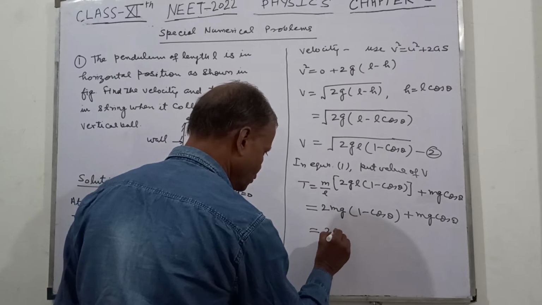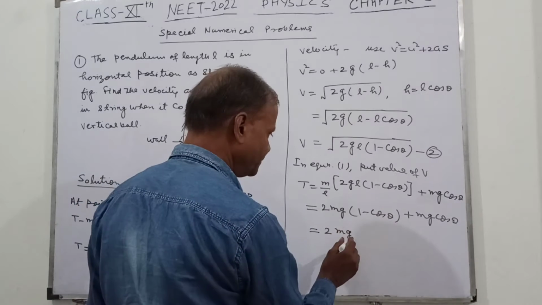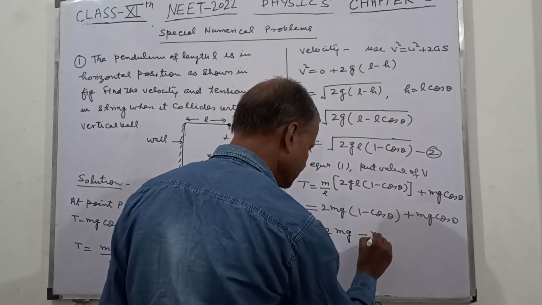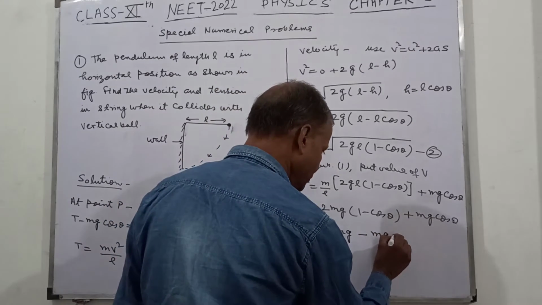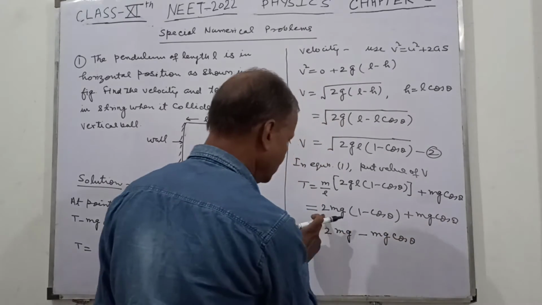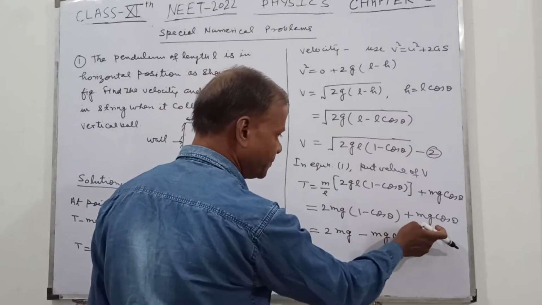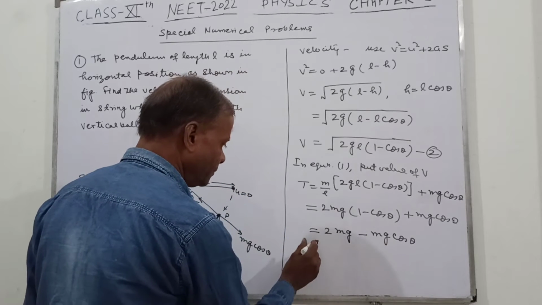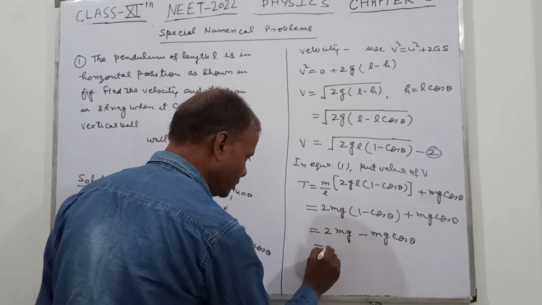So 2mg minus mg cos theta. Better you take this mg to be common.